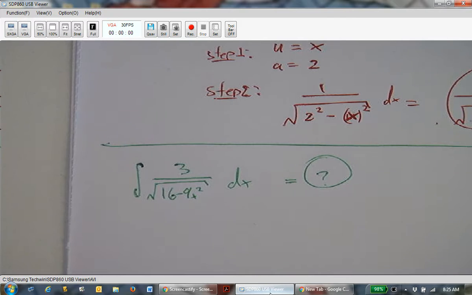Sadly, you can't use your cheat sheet on the test or the AP exam, but you can in this context in the class. This is tricky. It's hard at first to identify which inverse trig function you would have to use.